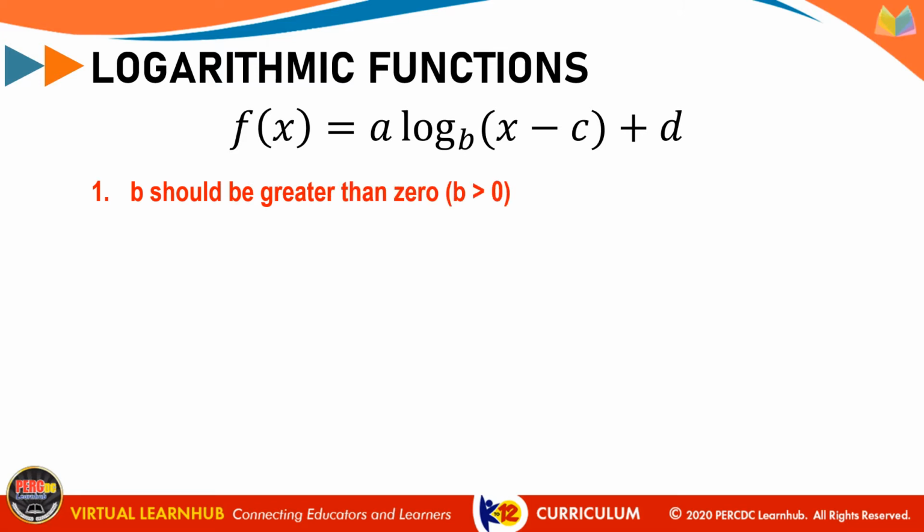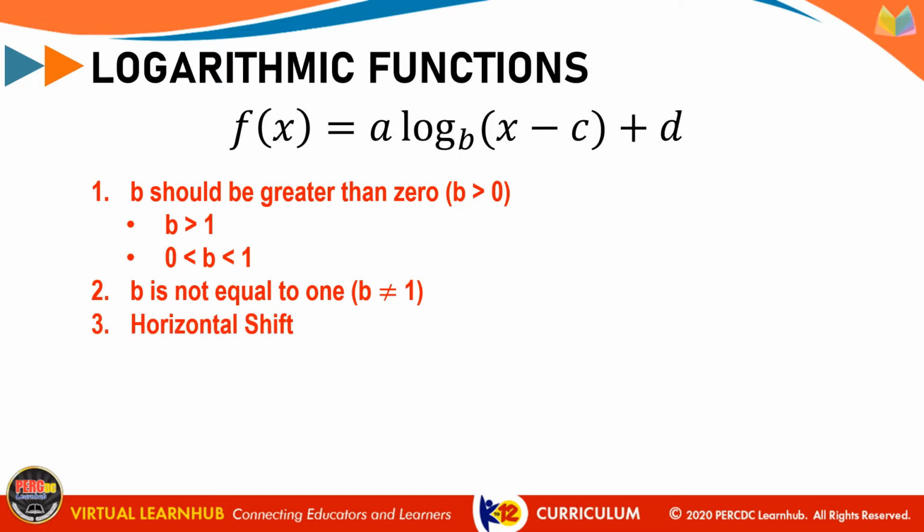We have the first restriction: b should be greater than 0. That can be b is greater than 1, or b is between 0 and 1. Also, b should not be equal to 1. We will discuss later on why these restrictions are necessary.